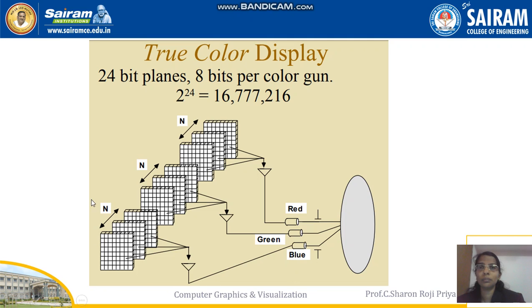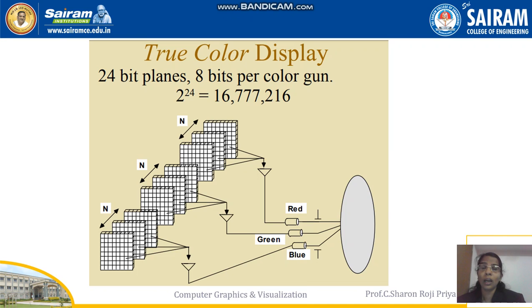Next is 24-bit planes, or I can say 24-bit depth. What do you mean by depth? The number of bits used to represent a single pixel is known as depth. So if I use 24 bits to represent a single pixel, I can call such a system a true color system or full color system. Why am I calling this a true color system or full color system?